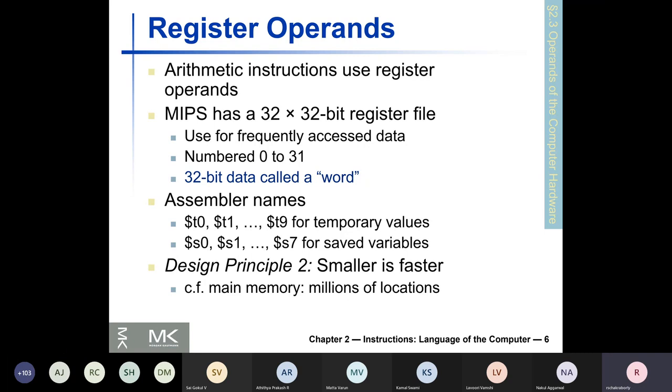Most of them had very few registers inside. For example, the x86-64 type of microprocessor still has very few usable registers inside. Okay. MIPS took a different philosophy. It said, I will provide a relatively larger number of registers in my register file to make it easier to write programs and to make life easier for compilers.